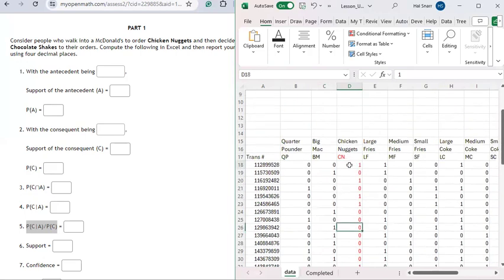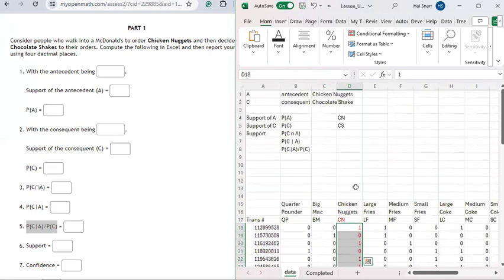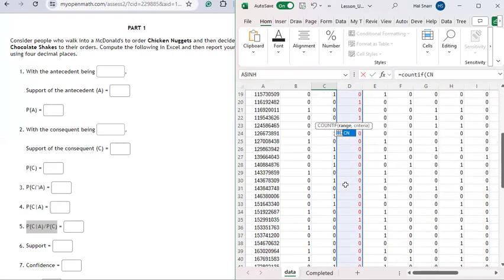Another way to do that is we could just use the command COUNTIF. We could use equal COUNTIF, and then type CN there.